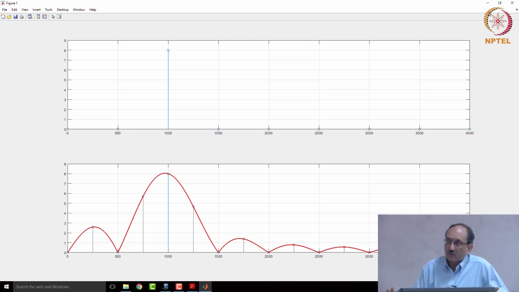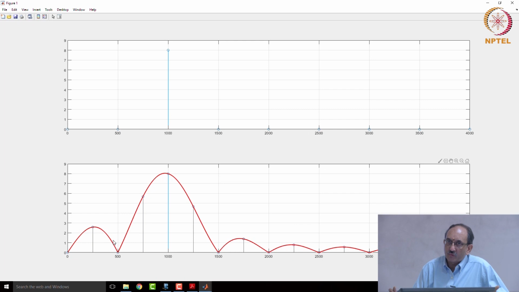One of the transforms is the transform of the sinusoid. It will have impulses at 1 kilohertz and minus 1 kilohertz. The other function is the transform of the rectangular window, and the rectangular window's transform is sin(N omega by 2) by sin(omega by 2). Therefore, what you are really seeing here is the rectangular window's transform, the sinc or Dirichlet kernel, convolved with the two impulses.